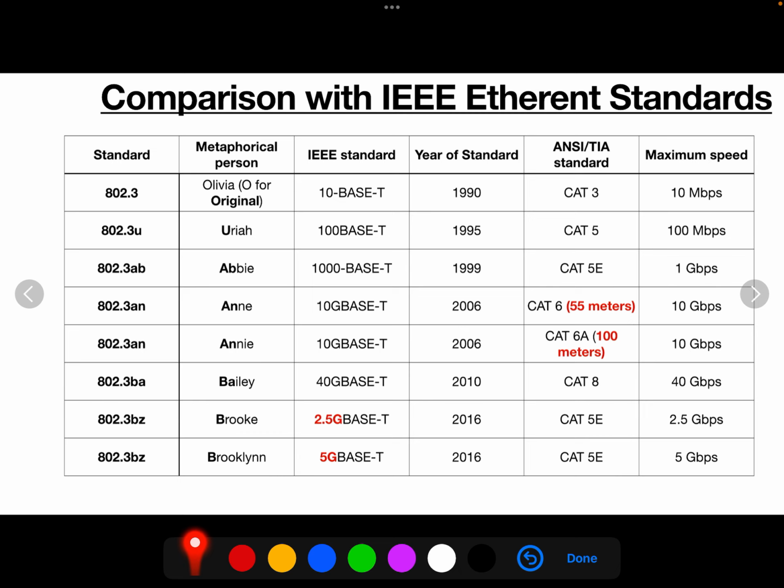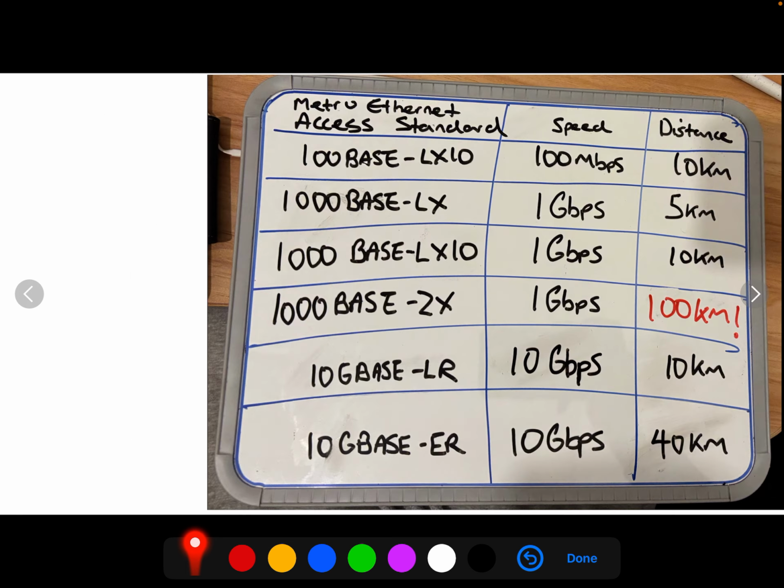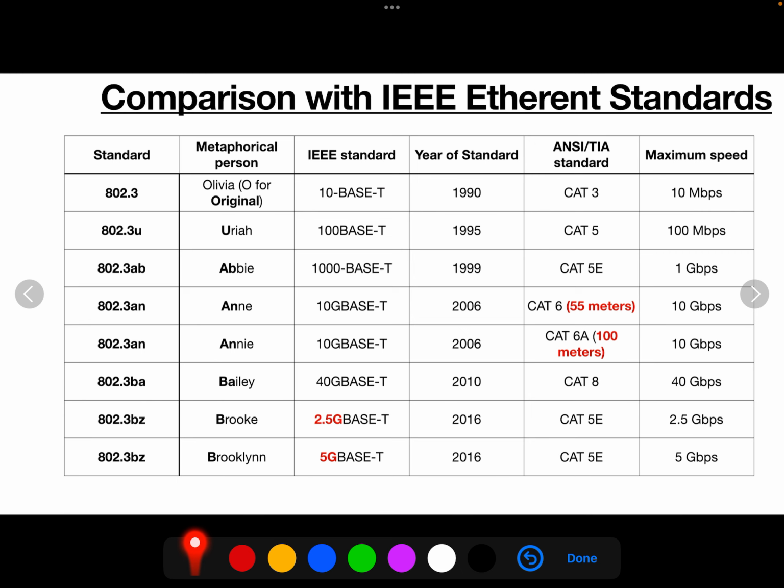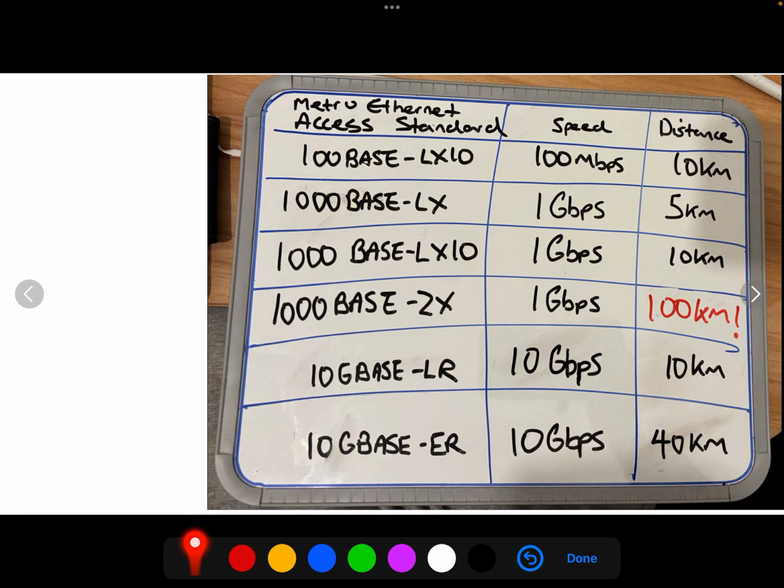Now, here's a comparison with what we looked at in the last lesson about LAN architecture. If you remember, these standards are represented by metaphorical people, and these are the speeds. If you want a comparison, you can look and compare those standards here. But remember, these are used for Metro Ethernet access links. So it's important to make that association in your mind.